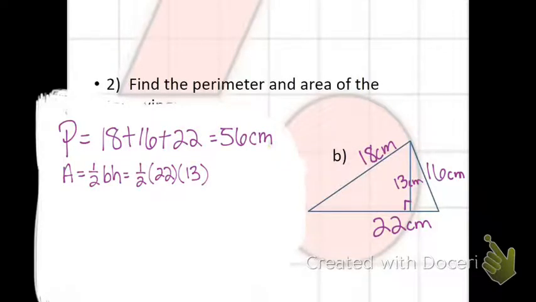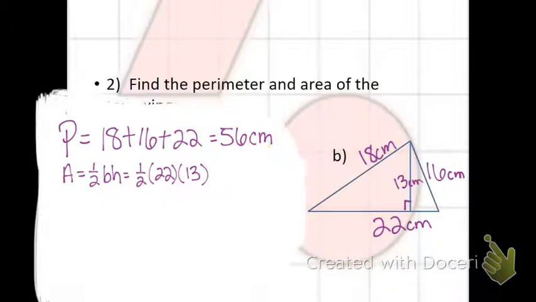For example, if I had, I'll do it in red, if I had this altitude here, it looks like it's about perpendicular. If this altitude were perpendicular here, I could use a base of 16, but I would need to know that height. Okay, so there are different options. You just have to use what you're given.